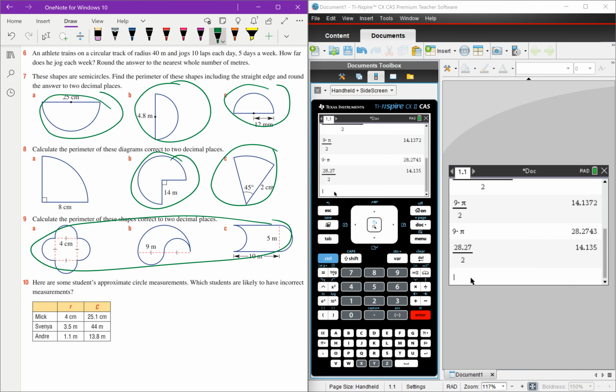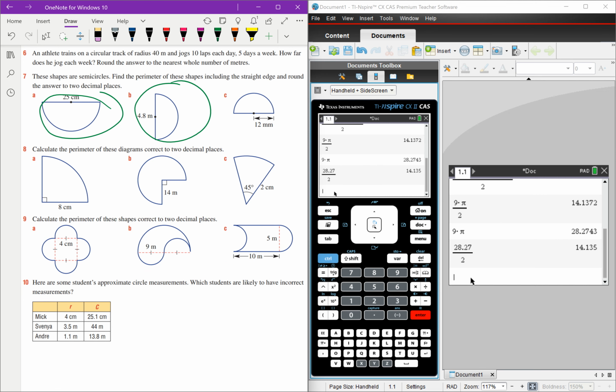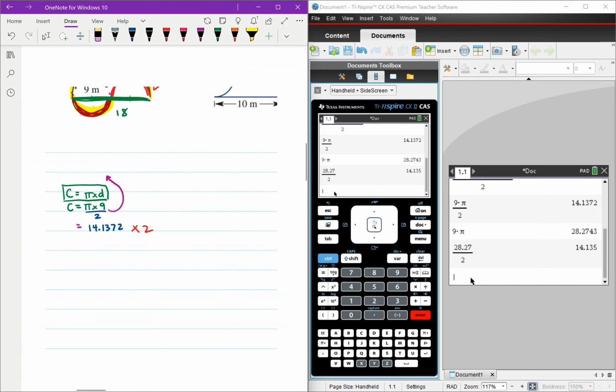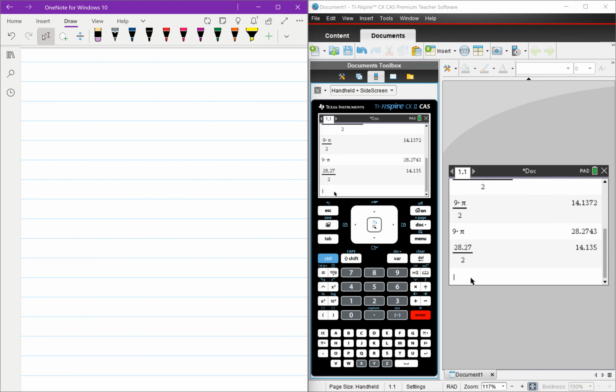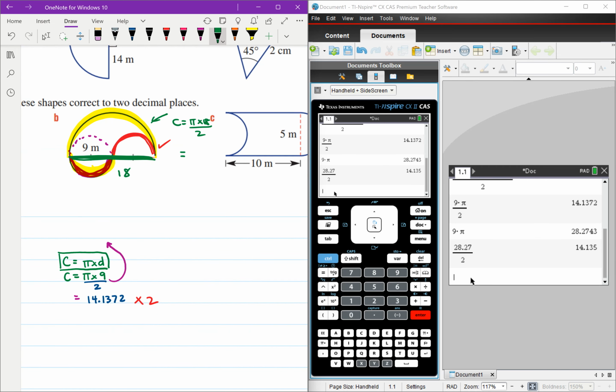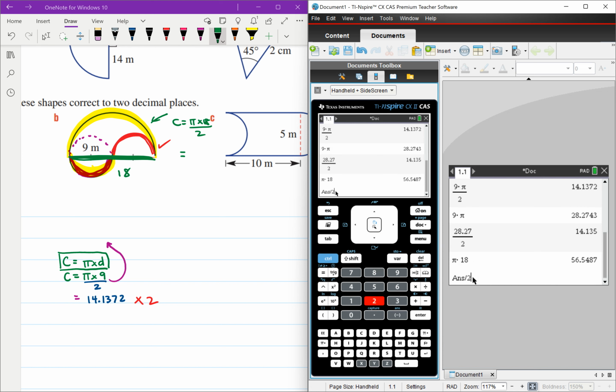Okay, so those are my 2 examples for you there. I'm going to finish off the answer over here. I'm just going to do it on a CAS, and then I'll give you that time to complete your work. Okay, so here we go. Let's see what my answer comes out to be. So you should have pi times d, pi times 18 divided by 2.